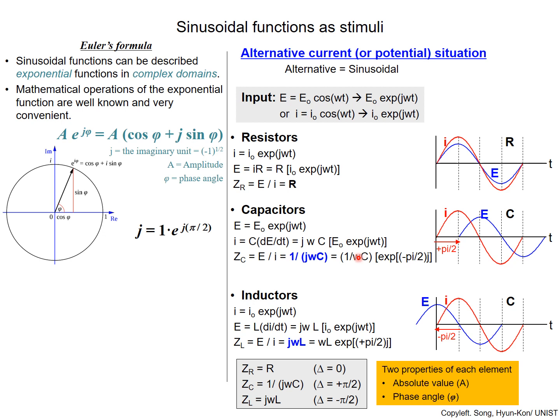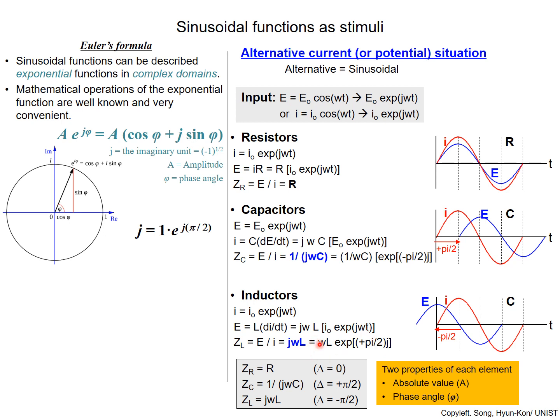Let's go to the last element, inductors. Let me fix the current, because in the equation for inductors we have di/dt. Then put it there, and j omega comes out of the exponential function. Finally we could say the impedance of the inductor is j omega L. It means we could also convert this complex number into amplitude and exponential phase angle.